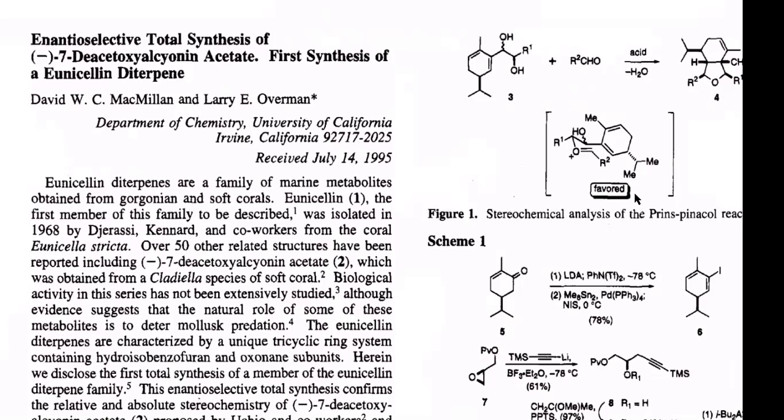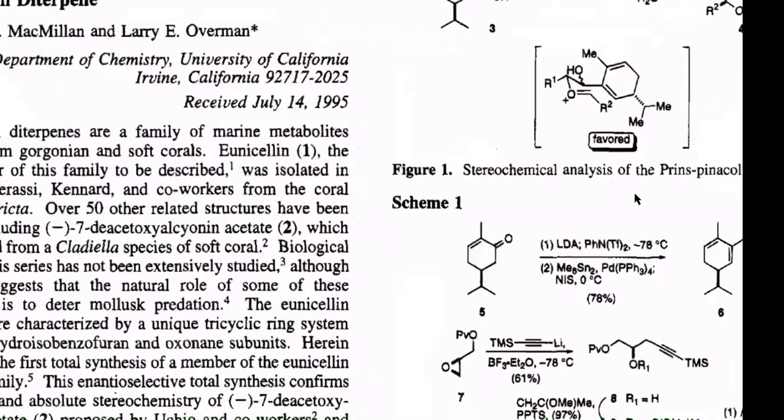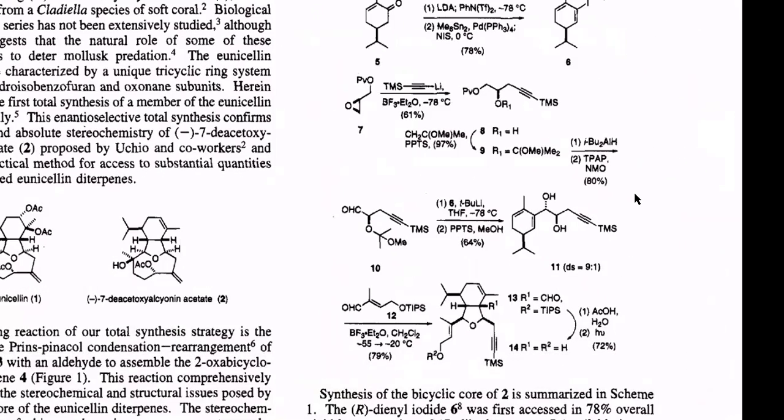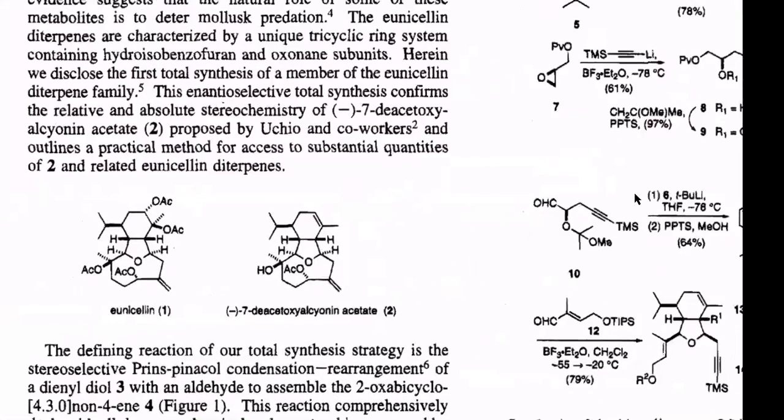And they used the Prins pinacol condensation, basically the rearrangement of the dienyl with the aldehyde, to assemble the bicyclo core, to actually get the eunicellin terpenes and synthesize them. So they used the Prins pinacol condensation reaction.